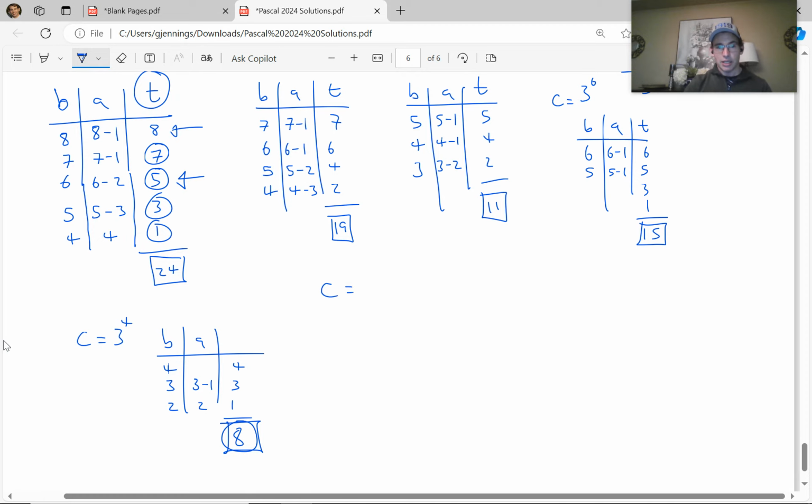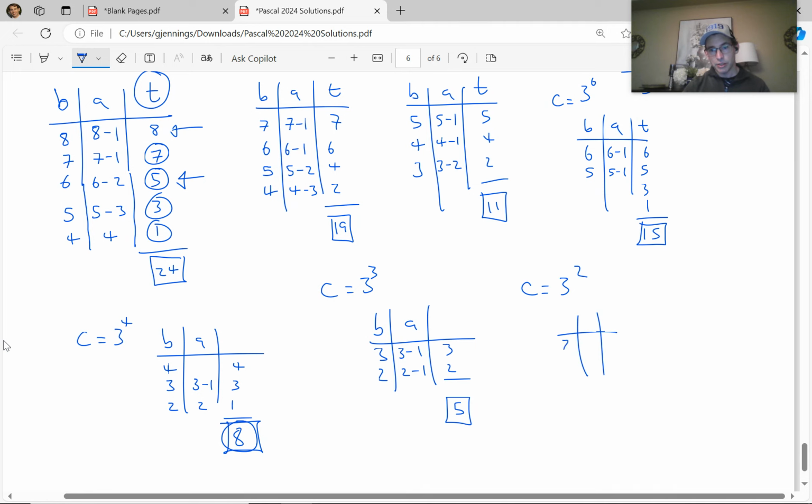Okay, C is 3 to the 3. C is getting pretty small, so our options for B and A to keep them smaller are getting less and less. So B could be 3 and A could be 3 to 1. There's 3 ways. And B could be 2 and A could be 2 to 1, and that's it. So there's 2, so that gives us 5. C equals 3 to the 2.